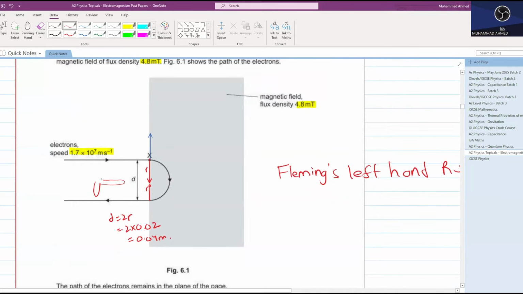And your magnetic field is inward. So where will your force point now? Your force will point upward. So instead of deflecting downwards, positrons will deflect upwards. This is the first change.